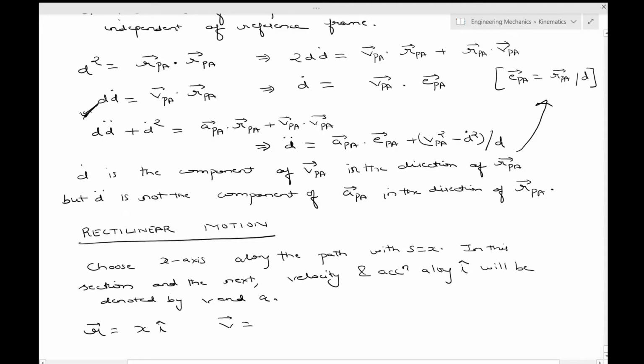If you remember, it was s dot, but since s is equal to x, it will be x dot i hat. And i dot will anyways be 0, so that's not coming up. And then the acceleration will be x double dot i hat equal to v dot i hat equal to a i hat, 1.42.